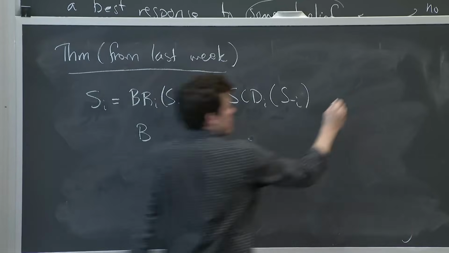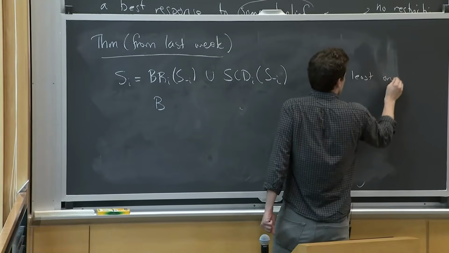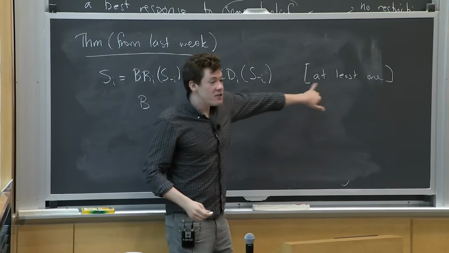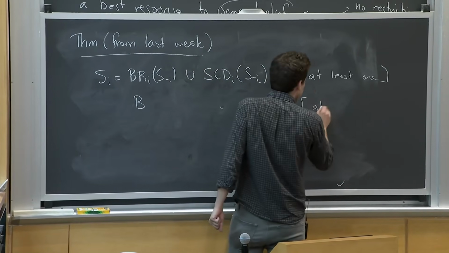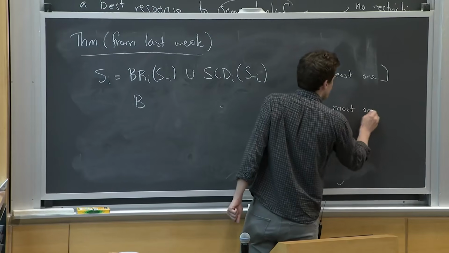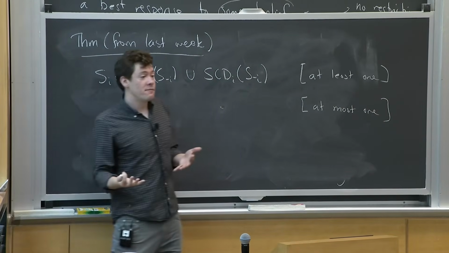So this is our at least one statement. Using the notation we set up last week, this statement says that every strategy is in at least one of these two sets. But the second part of our statement was that every strategy was in at most one. What does it mean to be in at most one? It means you're not in both.